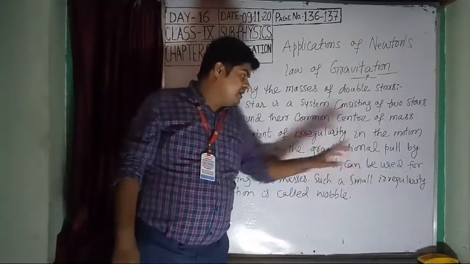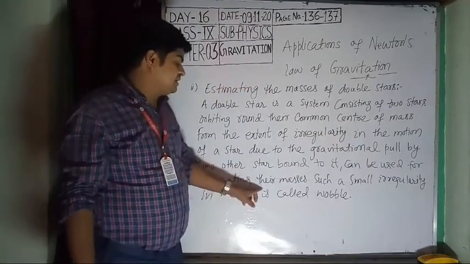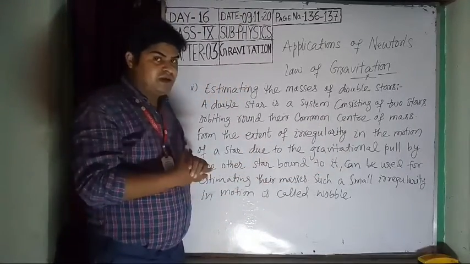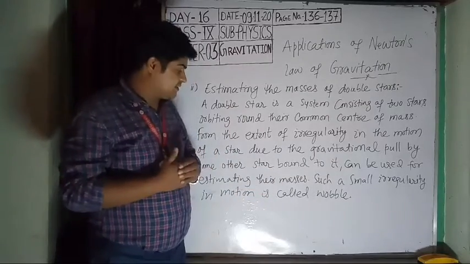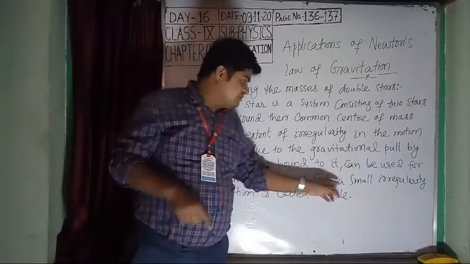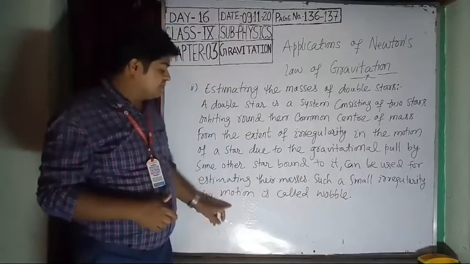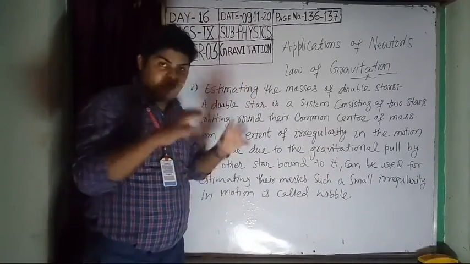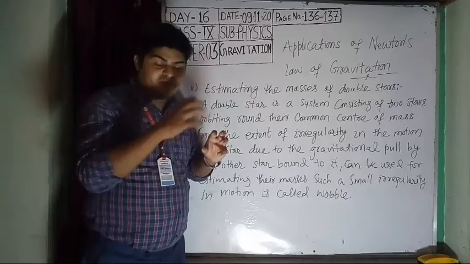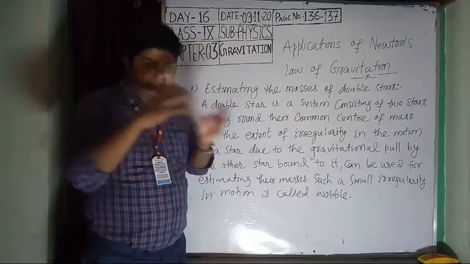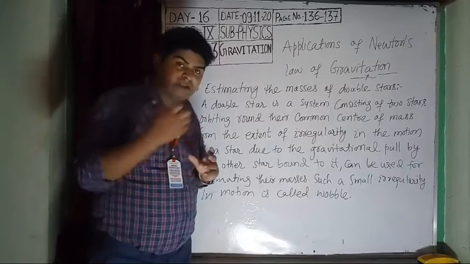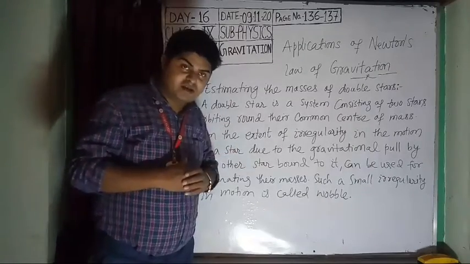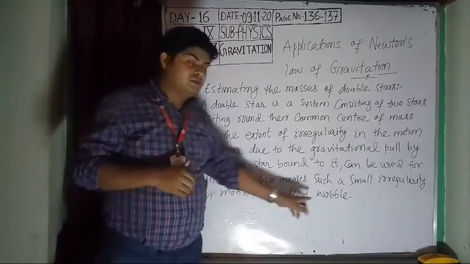It can be used for estimating their masses. Such small irregularities in motion are called wobble. When one of the stars of a double star is attracted by a third star, some irregularities occur in their motion, and such irregularities in motion are called wobble.